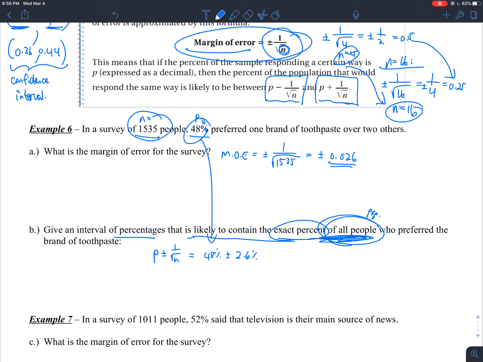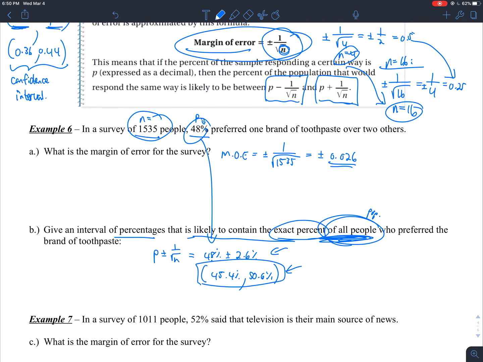Okay, and so if you do that math, 48 minus 2.6, you get about 45.4%, and then 48 plus 2.6, you get 50.6%. And so you can write it like this or like this, either of these, but this is preferred because it shows you the exact proportions that the population proportion would be in between.